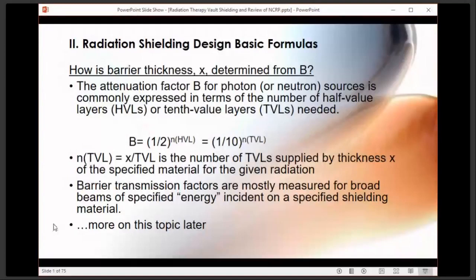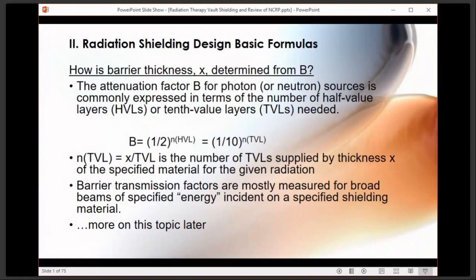The number of tenth-value layers is basically the thickness divided by the tenth-value layer value, which is something we just tabulated. This gives us how many orders of magnitude we need to attenuate to bring that radiation down to acceptable levels.